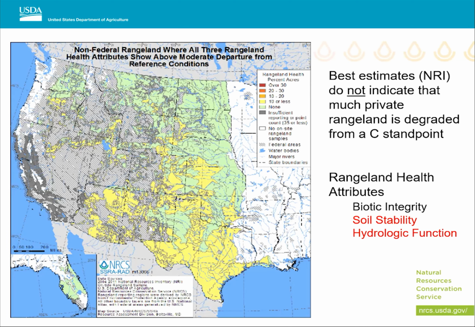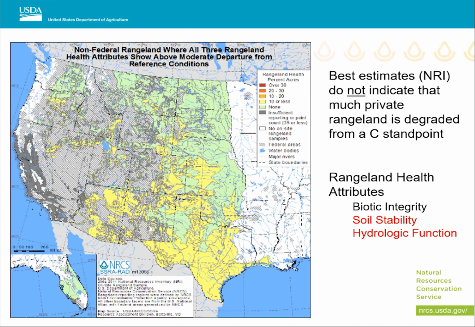So for those areas in the green, there are none of those areas that show a loss of the integrity, the stability, or the function for those three factors. The yellow areas are areas that have 10% of the acreage or less.